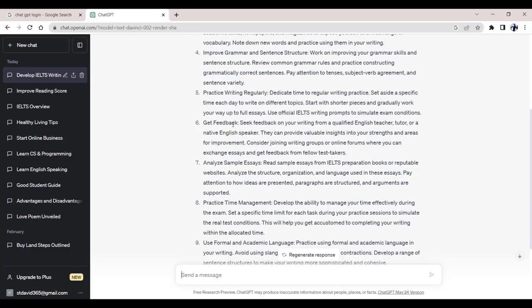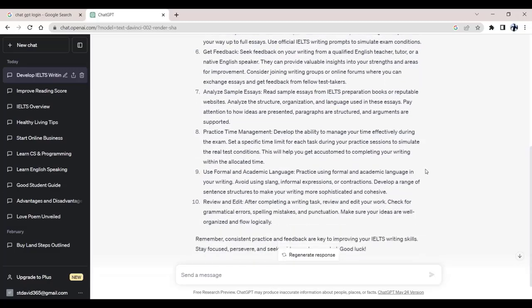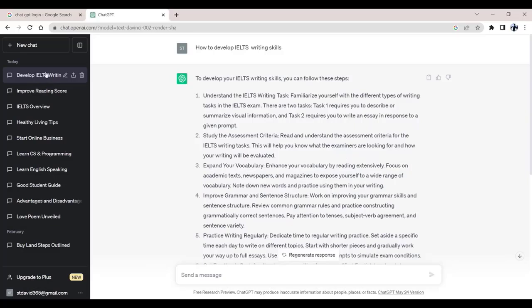Definitely you should take feedback from your teacher, analyze sample essays, practice time management, use formal and academic language, review and edit. So these are the best things you can do to develop your writing.